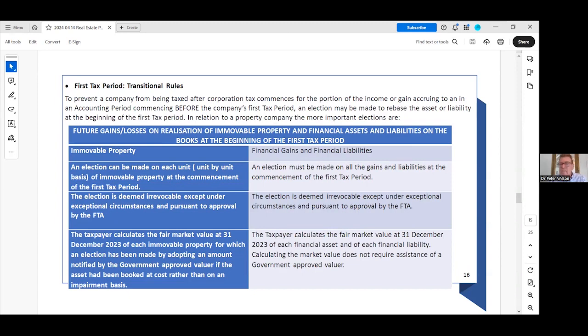So let's say you had 5 financial instruments, 4 had a gain at December 2023, and 1 had a loss at December 2023. You can't just make the election on the 3 gain ones and leave the loss one not elected so you can get a benefit of the prior loss. You've got to make the election on all of them, which is a bit of a nuisance.